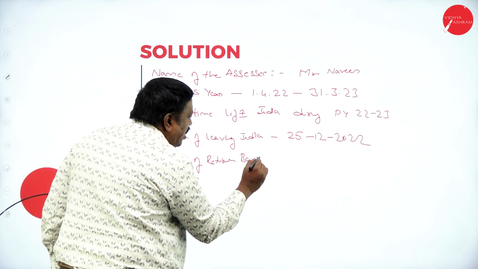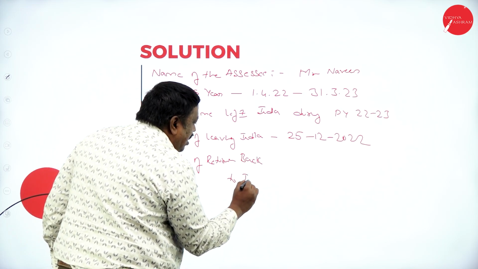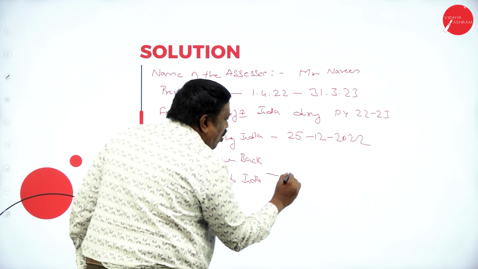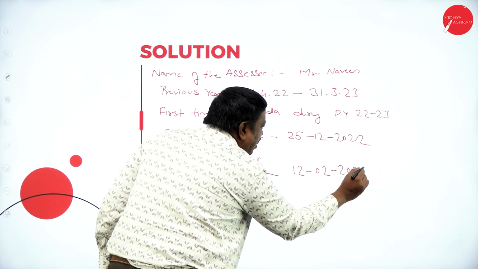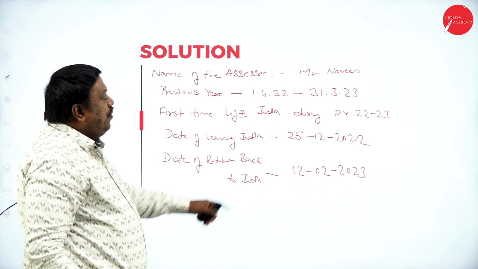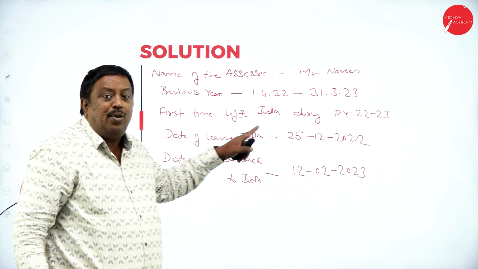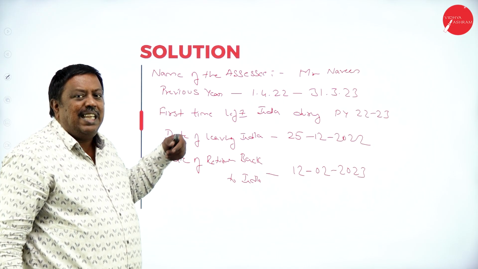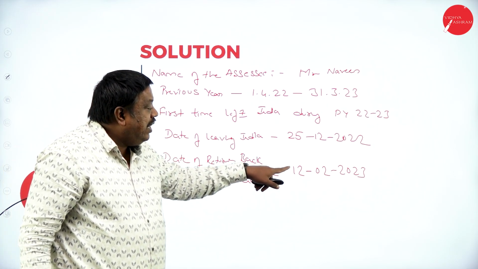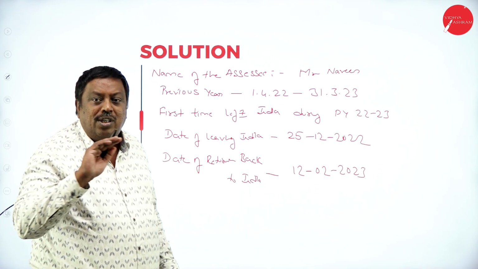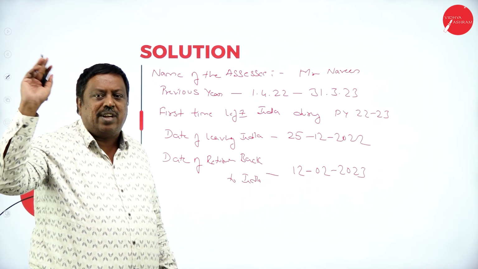Date of returning back to India was 12th February 2023. Say up to 25th December, I was in India. From 25th December till 11th February, I was not in India, I was in Australia.